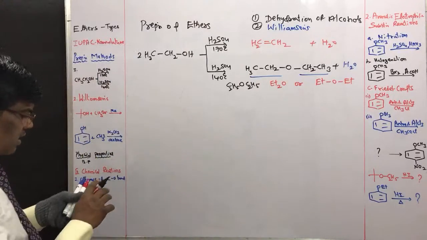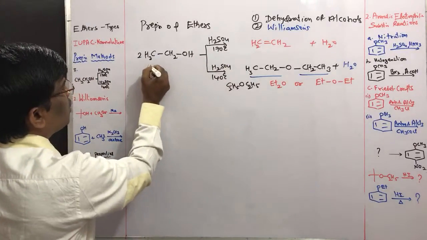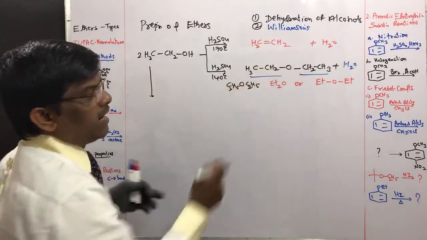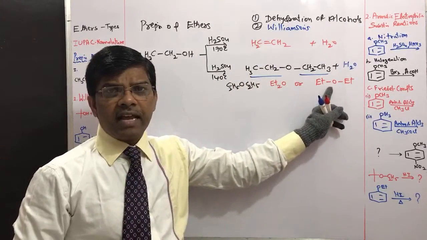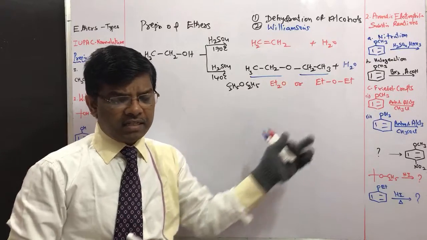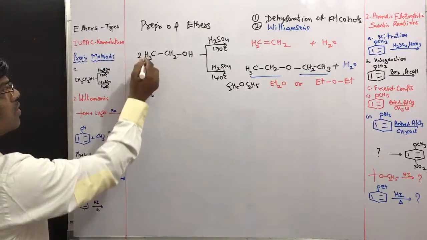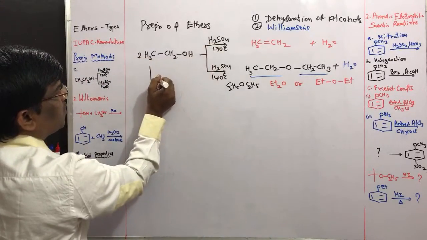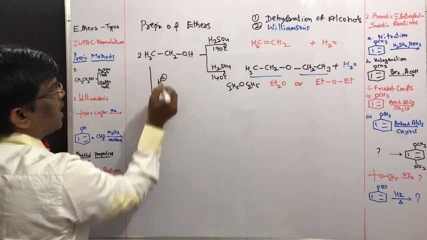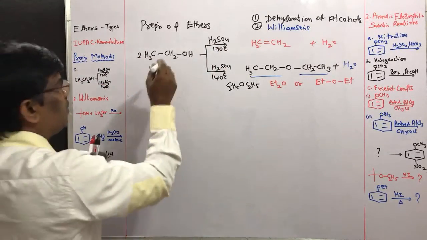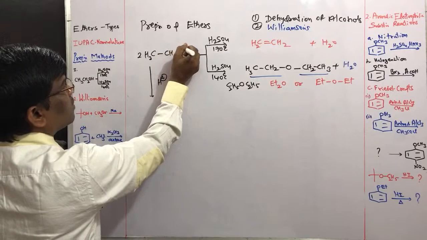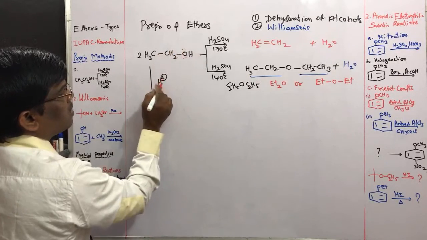Yes, students. So what is the mechanism? How is it going to form diethyl ether? These are all the methods; I can write in any one of these methods. Since we are using H2SO4, it is giving H plus ions, and we know that the oxygen is going to have a lone pair of electrons.